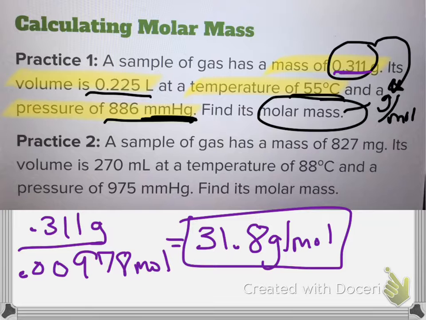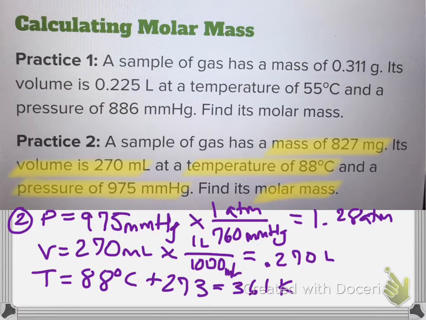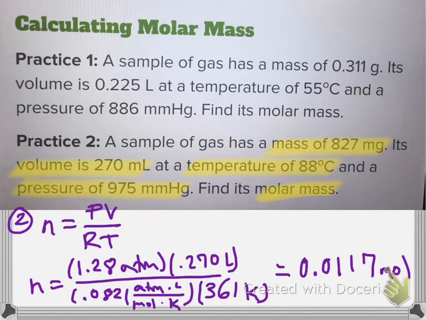Okay, the work for number 2 is going to be shown below. So I have converted my pressure into atm, my volume into liters, and my temperature into Kelvin. Now I am ready to use the ideal gas law to solve for moles. After plugging in my values, I got 0.0117 moles. Now I'm going to use my mass in grams divided by moles to get the molar mass.